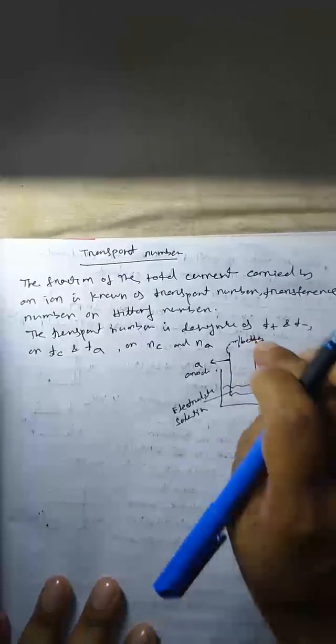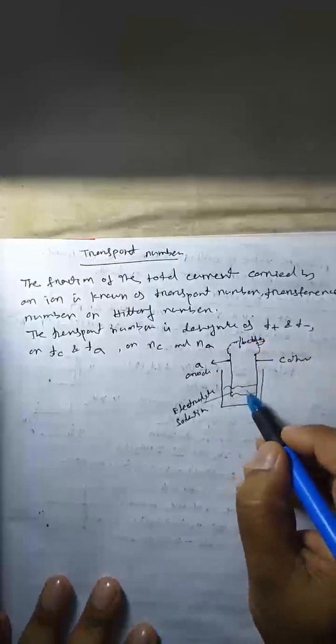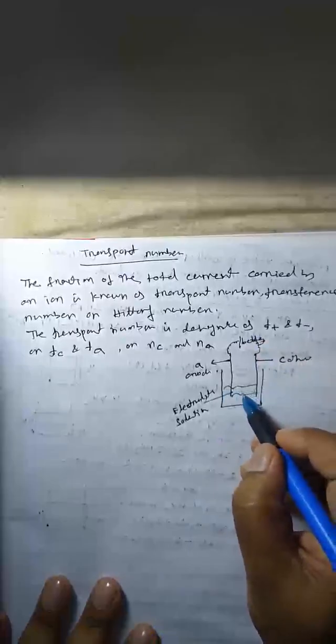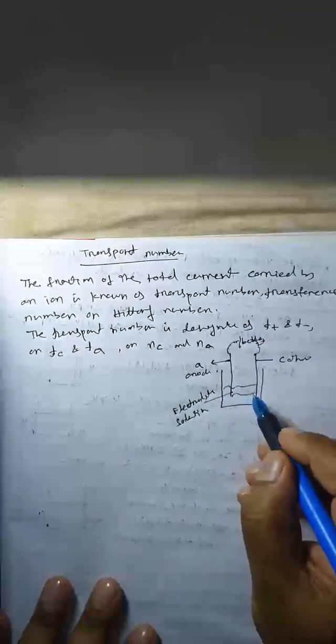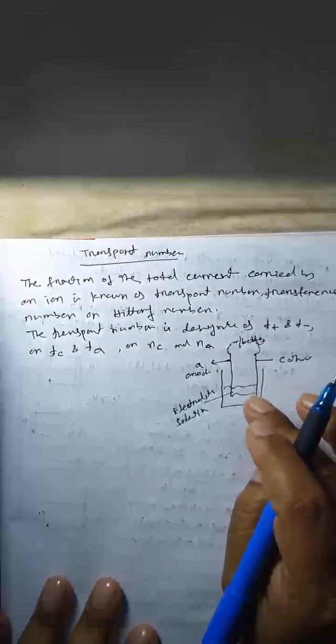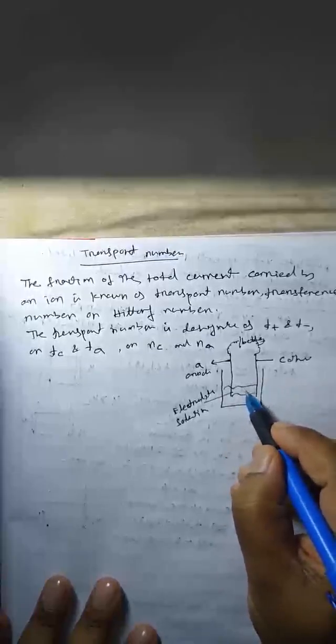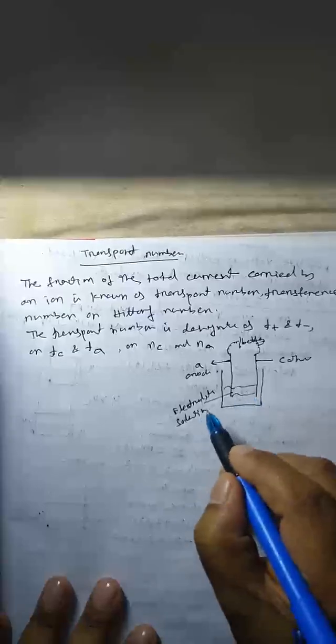Now when you switch on this battery, the electric current will flow through the electrolyte. Remember that here the electron is not transferred in the electrolytic medium; the ion is transferred.